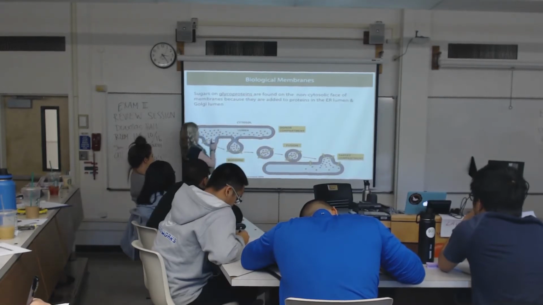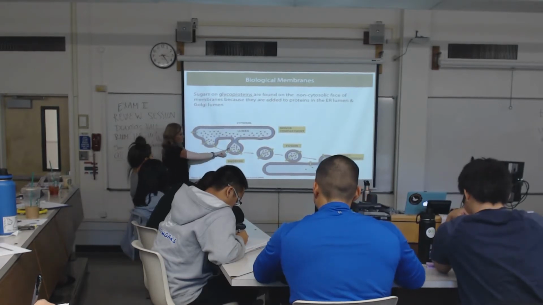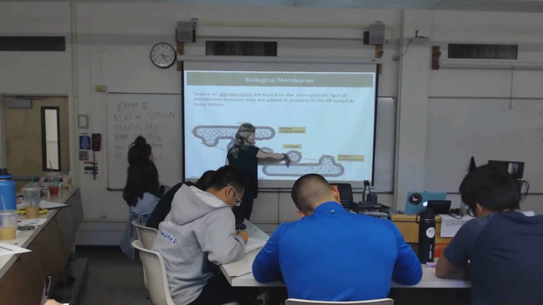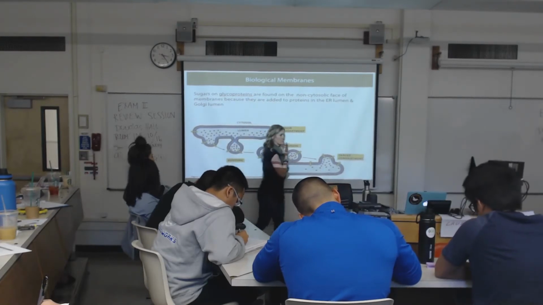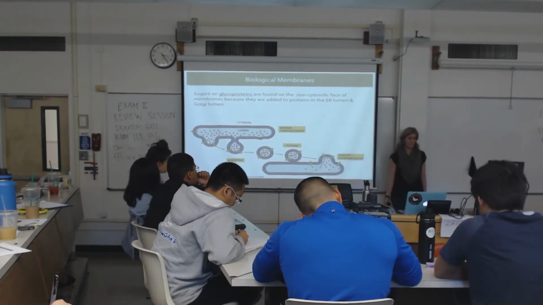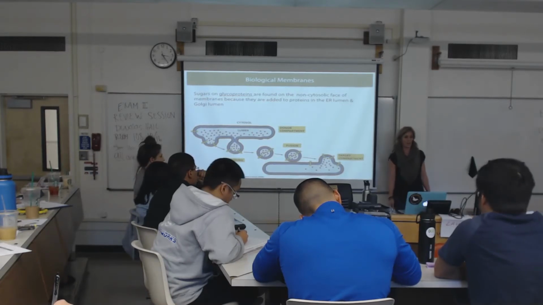So that sugar that was added here stays facing the non-cytosolic side throughout vesicle transport and diffusion. And that is something that you need to really learn to make sure you have it.